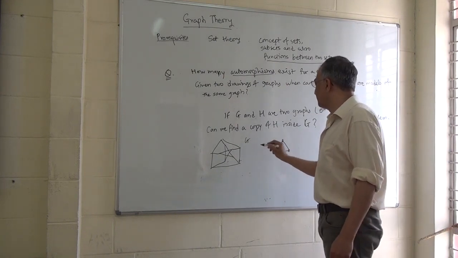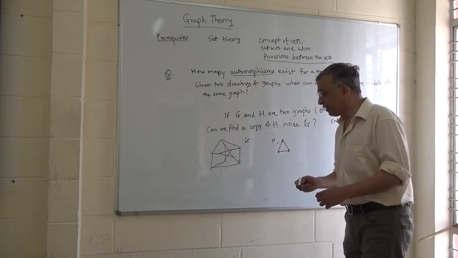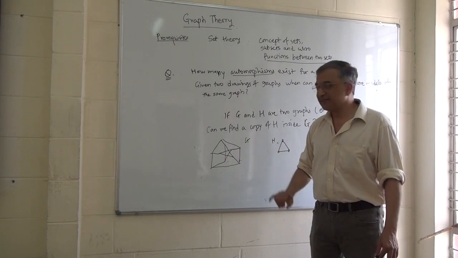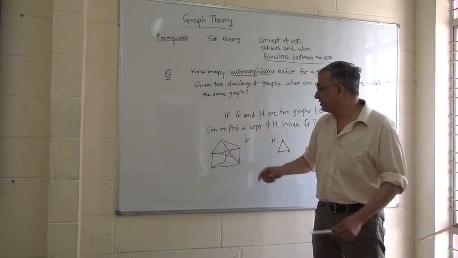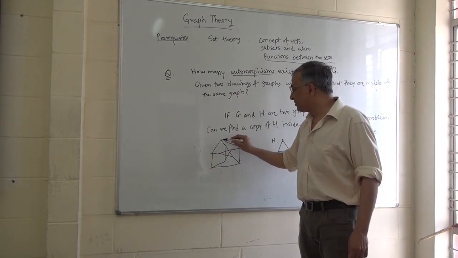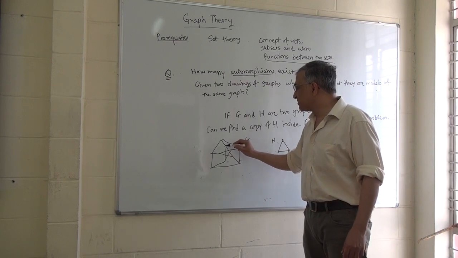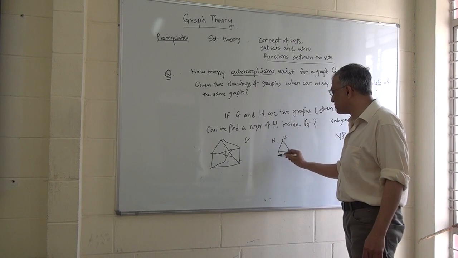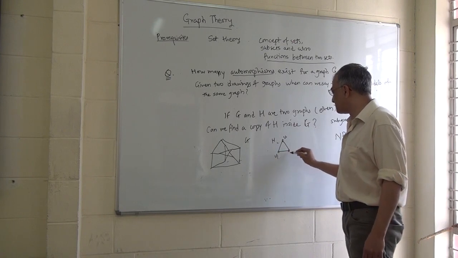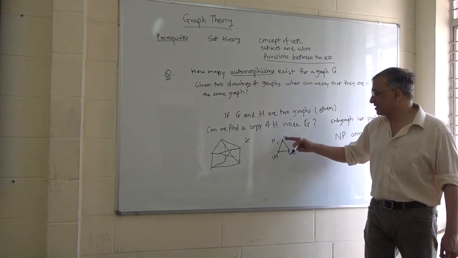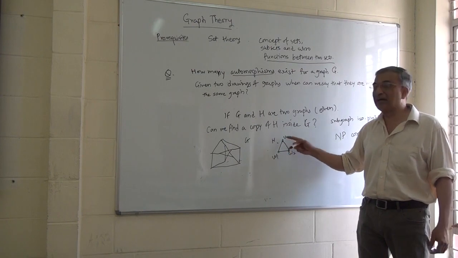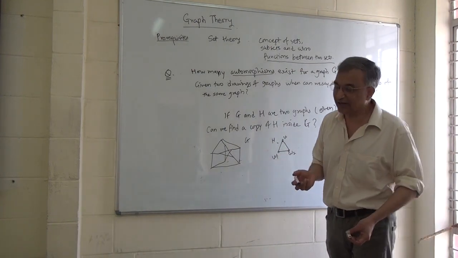This is my G and this is my H. Then my claim is that there is no copy of H inside G. There is no triangle, because in a triangle, a vertex V is commonly joined to two other vertices, W1 and W2, which are called neighbors of V, and these are just names.